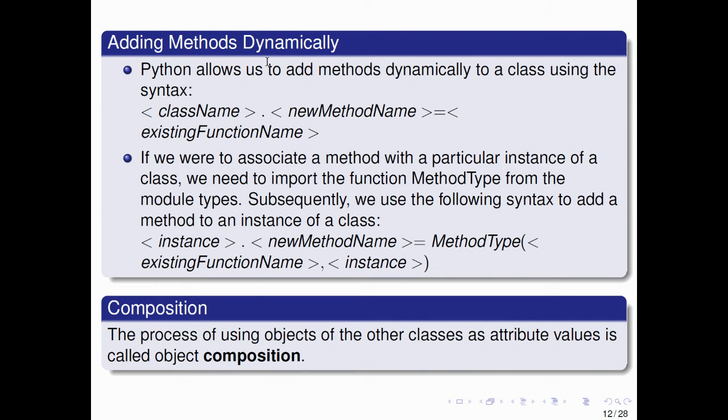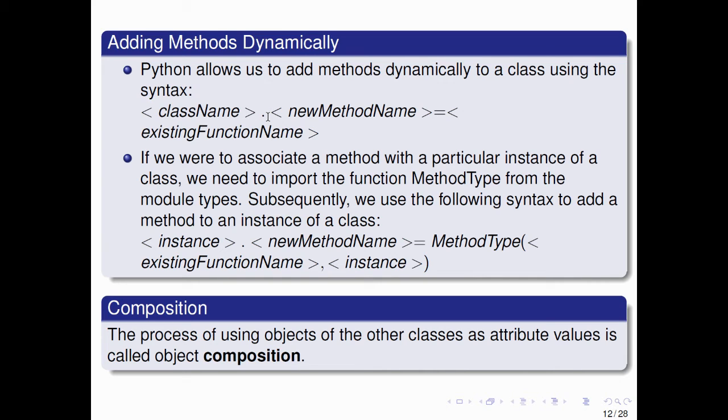Next we have adding methods dynamically. Python allows us to add methods dynamically to a class using the syntax class name. For example, we have Person, and in Person we have variables like name, date of birth, and address.